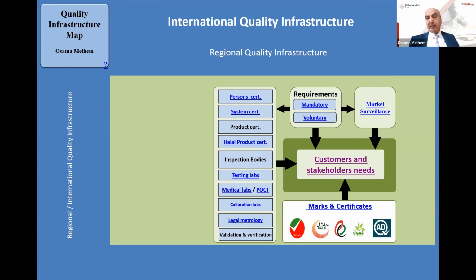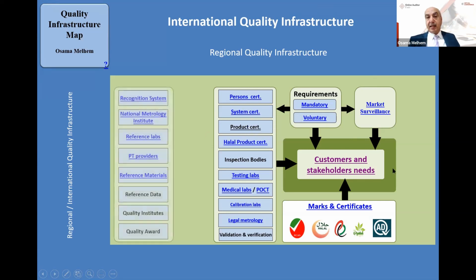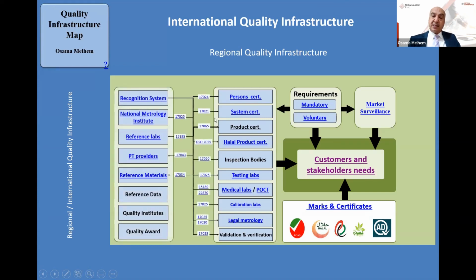Okay, so the link is clear here: the requirements are given to the market surveillance, requirements given to the market are given to the CABs also. Now, these conformity assessment bodies cannot work alone.